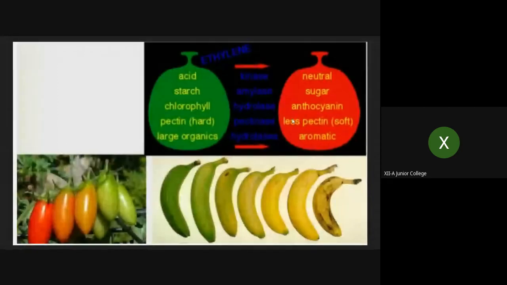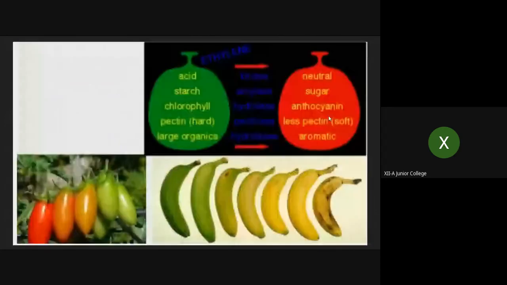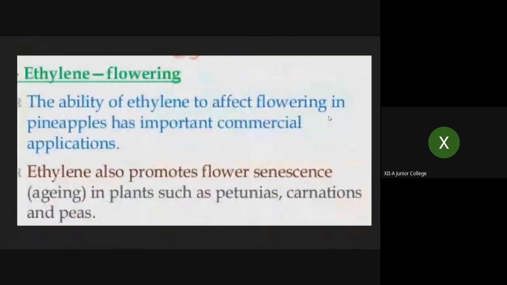These enzymes work by the application of ethylene, and then softening of the skin, that means maturation of the fruit. Whatever differences you can see in the raw fruit and the ripened one, you can see in mango, in banana, in apple, in so many fruits. So ripening plays a very important role.